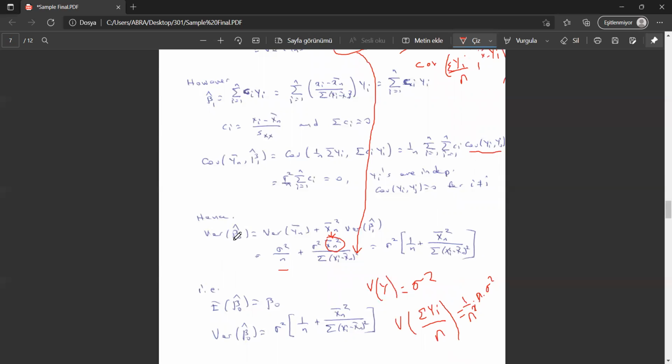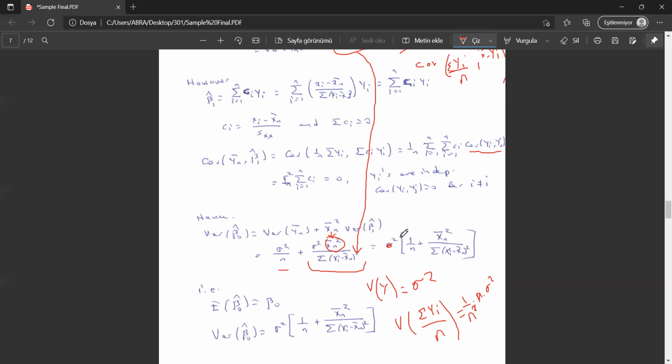Okay, so variance of beta 0 hat is found as sigma square over n plus x bar square times variance of beta 1 hat, which is given here. And you know, by taking the parenthesis here, this is sigma square.